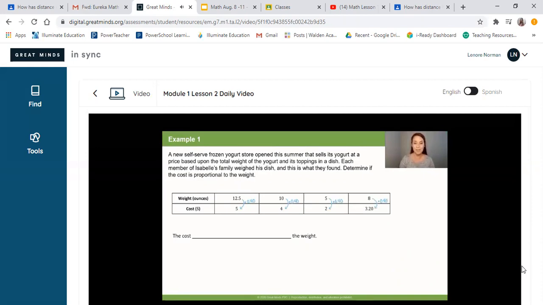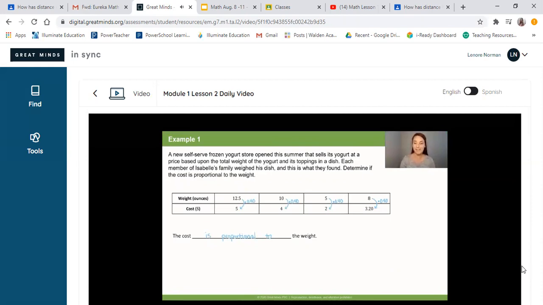Because this is true, we can fill in the sentence in our materials. The cost is proportional to the weight. Now, Isabel's brother seems to be pretty hungry and is taking an extra long time filling his frozen yogurt dish. When he puts it on the scale, it weighs 15 ounces.